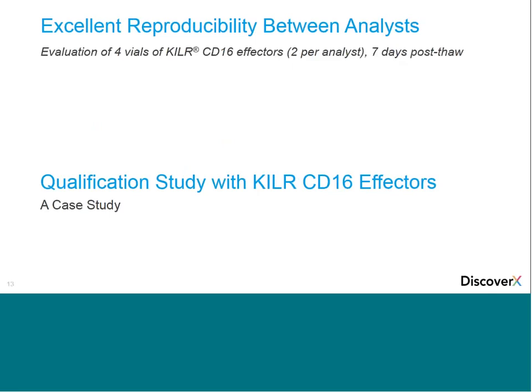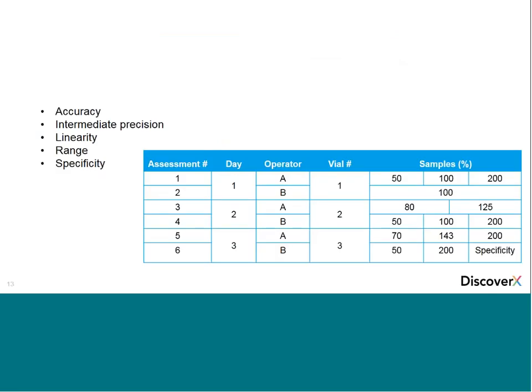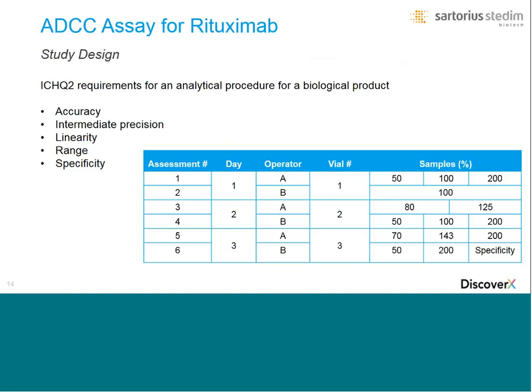So taking that data, we are going to share now a qualification study with our KILR effectors that was performed by our colleagues at Sartorius Dedham. And this is just an example of the study design for this particular group, where they were using an in-house ADCC assay and evaluating Rituximab.